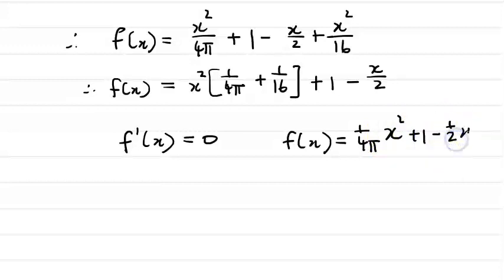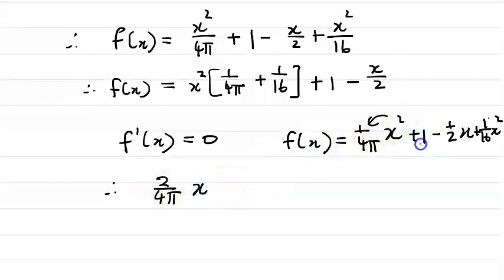is equal to minus half x, and this will be plus 1 over 16 x squared. So therefore, the derivative of the function will be 2 times 1 over 4 pi, which is 2 over 4 pi, you just multiply, and that will be x.